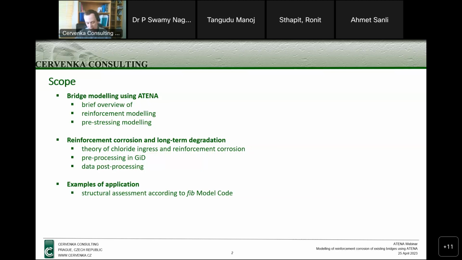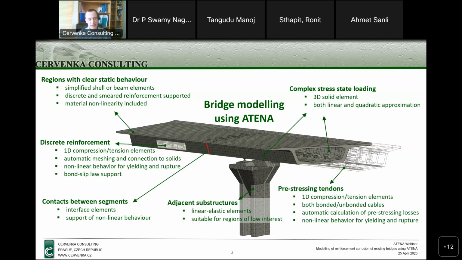Finally, I would like to show some examples of this application and how we can evaluate the structural performance with respect to valid codes, mainly the fib Model Code. So let's get started with a brief overview of bridge modeling using ATENA.